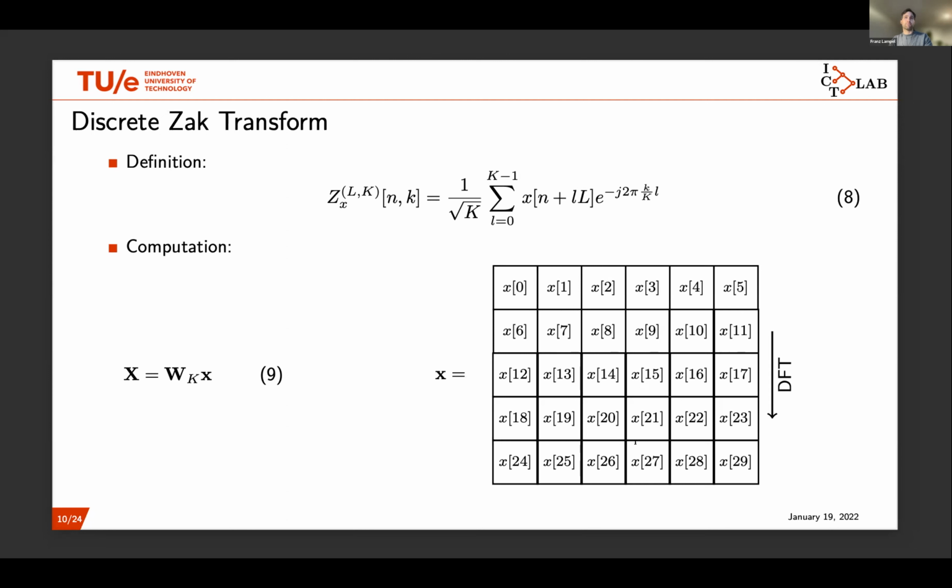And this is exactly what we were doing before when we talked about the pulsed radar receiver. We arranged the samples in this matrix, and we took the Fourier transform along the columns of this matrix. So we can say from that perspective, the radar receiver applies the Zak transform.